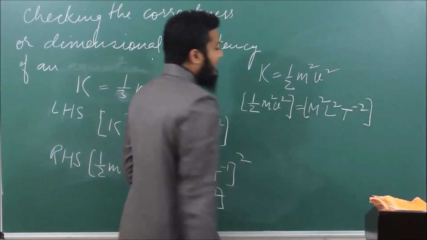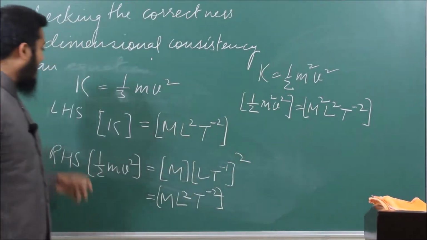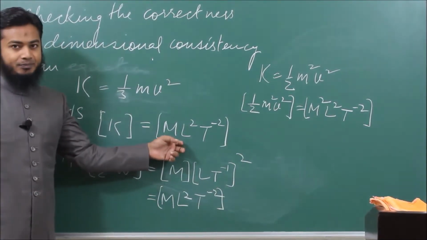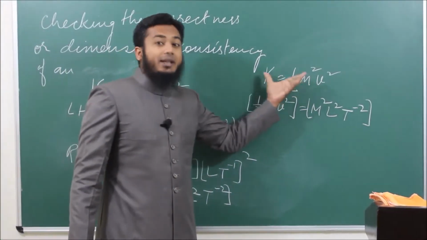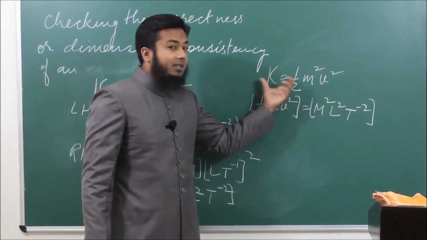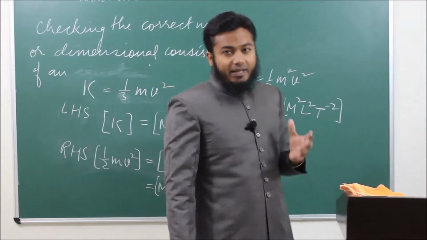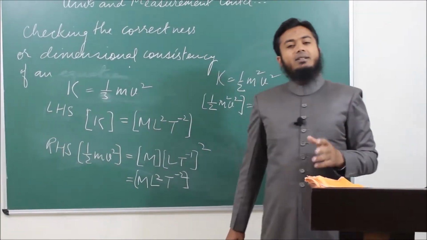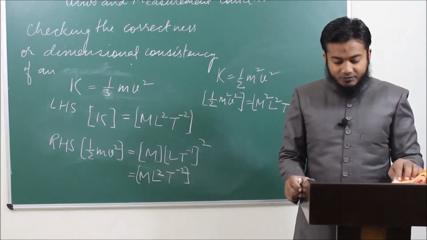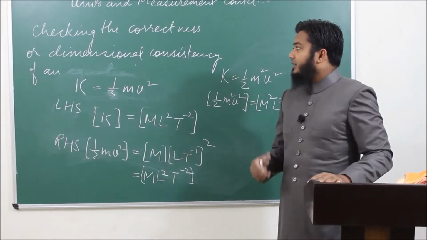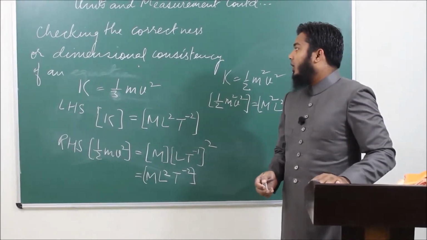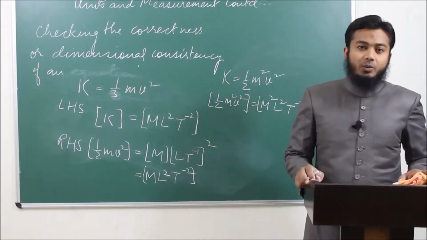So you can clearly see that this is not the same as the dimensions on the left hand side. Now this formula is dimensionally incorrect, and you can see that it is also actually incorrect. So if a formula is dimensionally incorrect, inconsistent, it is actually incorrect. So this is how we check the correctness or dimensional consistency of an equation.